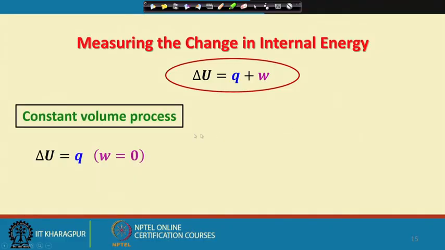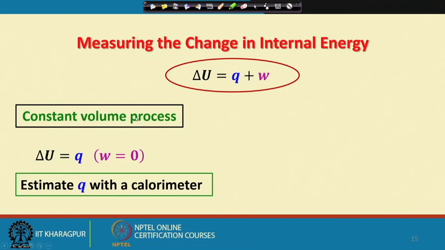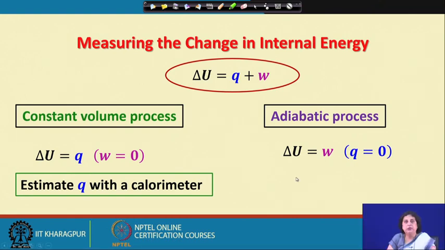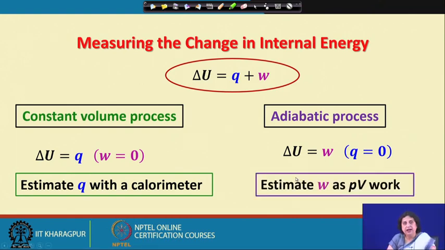This we can do in either a constant volume process where delta U is estimated as Q, and typically a calorimeter is used to estimate Q, or you can have an adiabatic process where delta U is measured in terms of the amount of work done during the process, and if it is PV work, once again it can be measured. That brings us to the end of our discussion of the first law of thermodynamics.